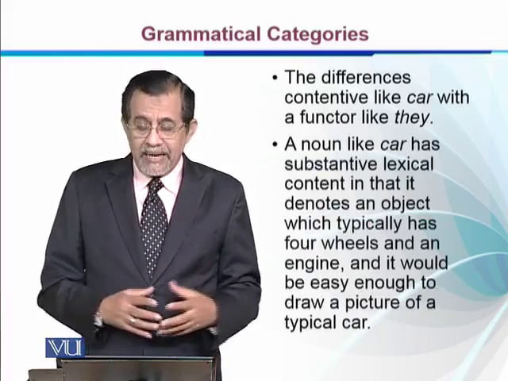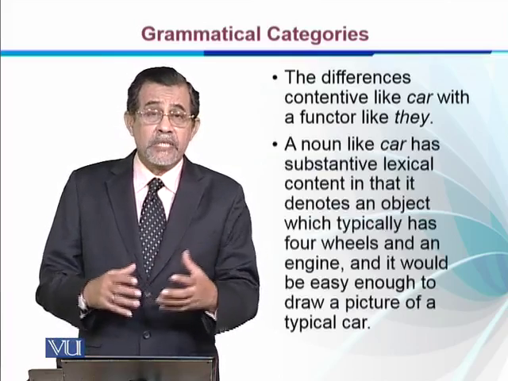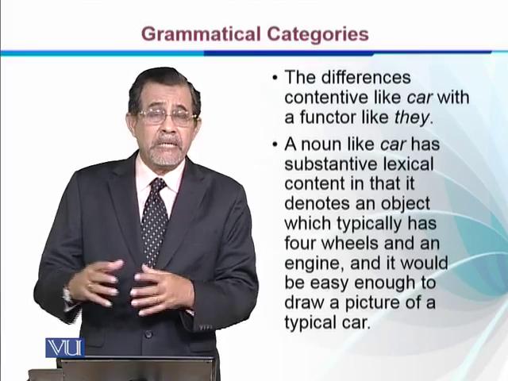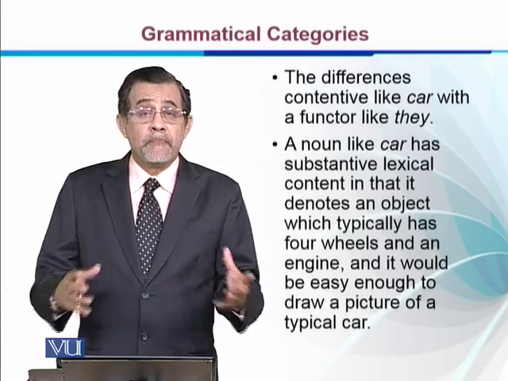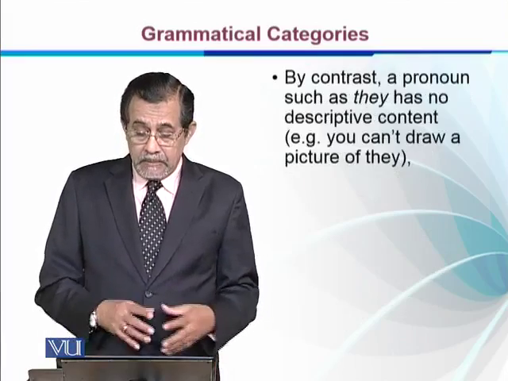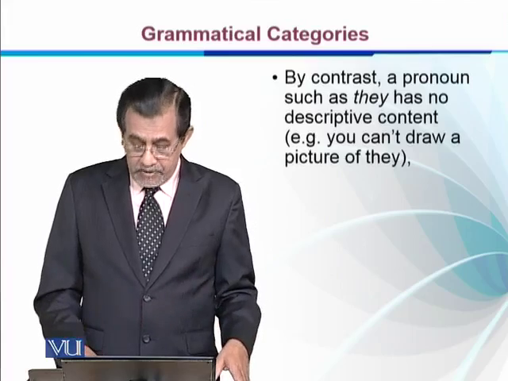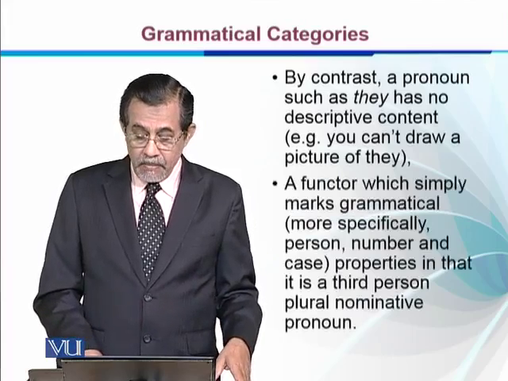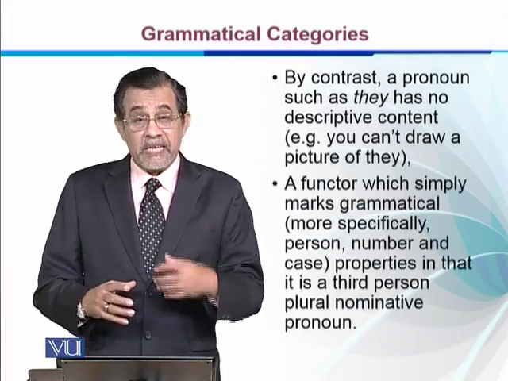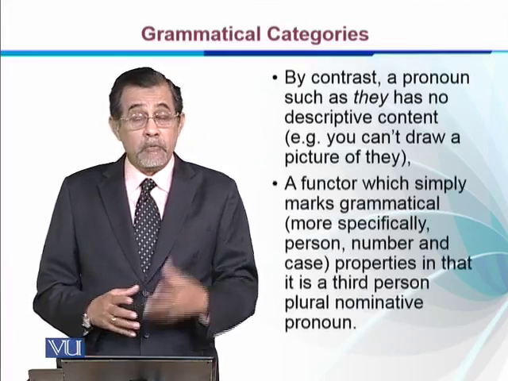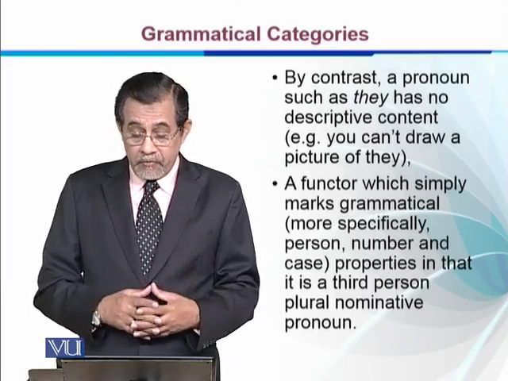A noun like car has substantive lexical content in that it denotes an object which typically can be described, whereas a pronoun cannot. By contrast, a pronoun has no descriptive content. We cannot draw a picture of a pronoun, but in most cases we can draw a picture of a substantive or content word.